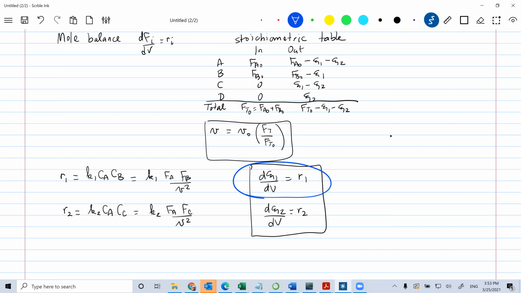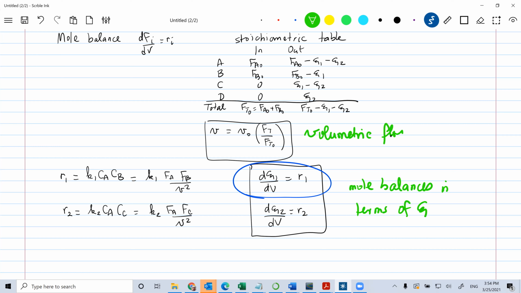So now these are the things we have: our mole balances in terms of eta, our volumetric flow rate, and our rate laws.